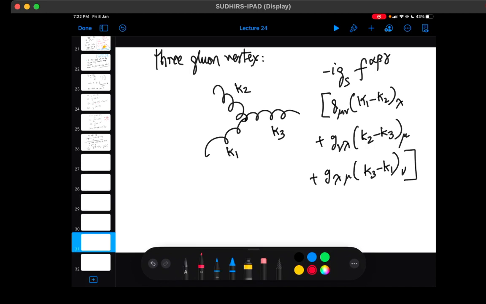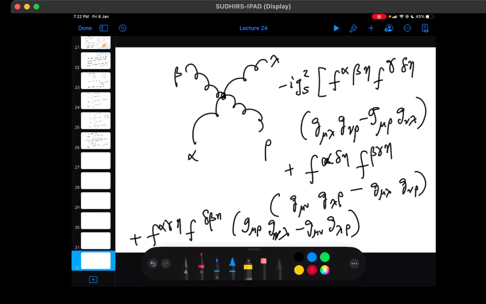Finally, you have the four-gluon vertex, which goes as g_s squared, so this is second order in perturbation theory, which is momentum independent, but it has a combination of several SU(3) structure constants, which are essentially f alpha, beta, eta, and various such things.